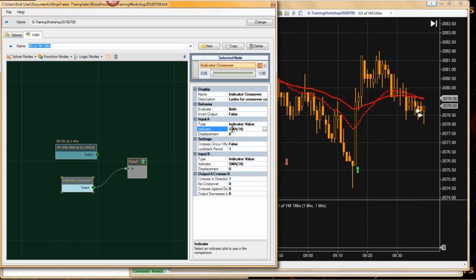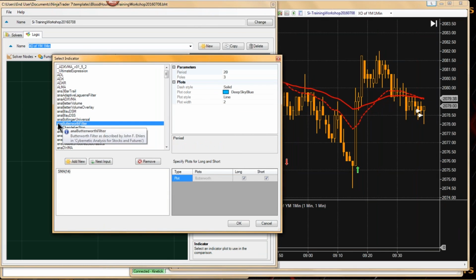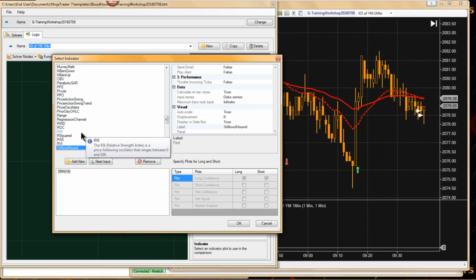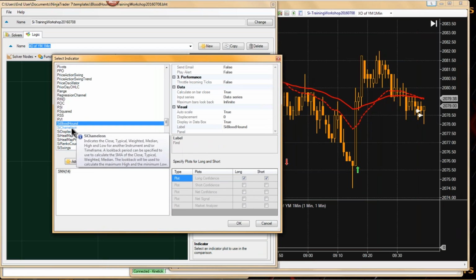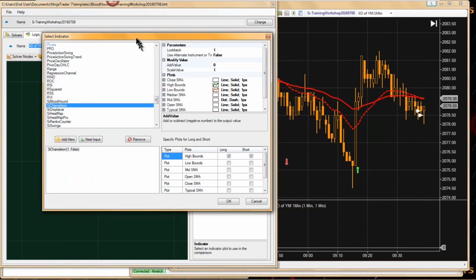So another way that you can grab other instrument data is you can use Chameleon. That's kind of the reason why we named it Chameleon, is because this guy, this Chameleon, can grab data from anywhere.